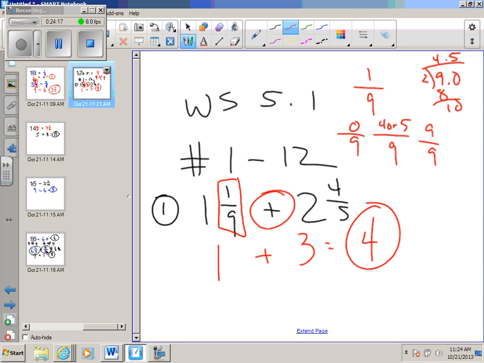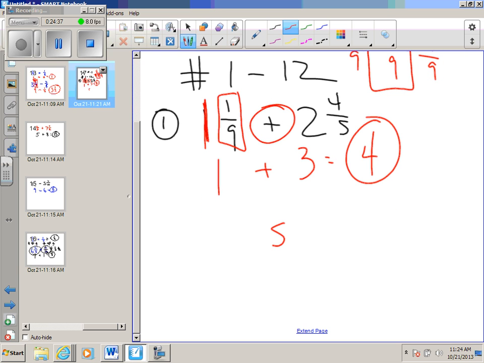So if it's less than half, I will stay with the whole number that's with it. If it's greater than half, then I'll round up to the next whole number. Okay? It's like if you had money in your pocket and you had $1.11.